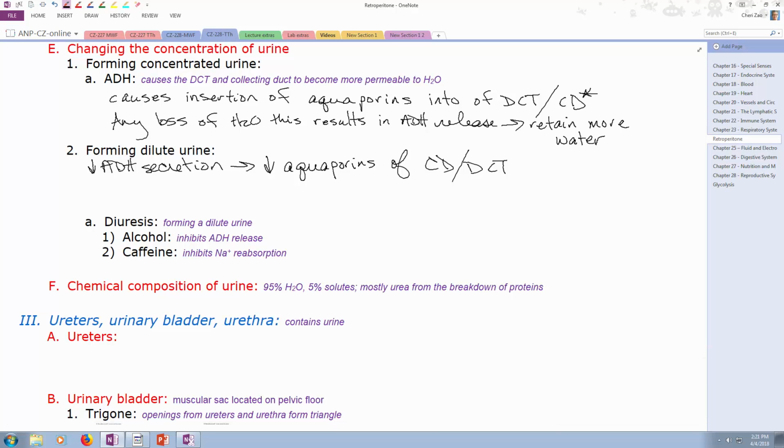This will make these structures less permeable to water, leaving the luminal side of the cells, and so this water is then retained in the filtrate and flows out at the papilla in the form of urine.